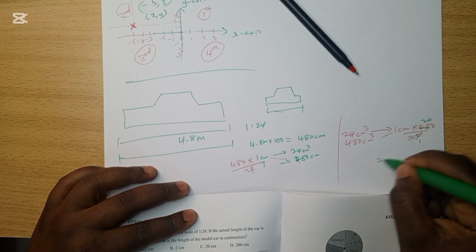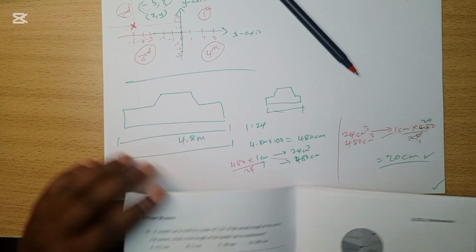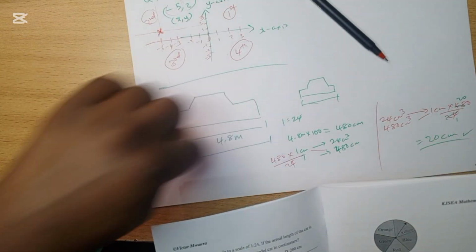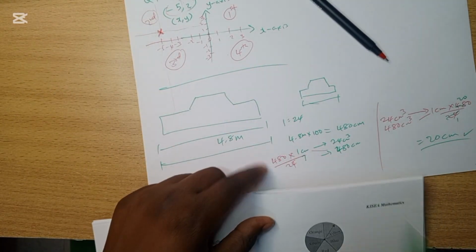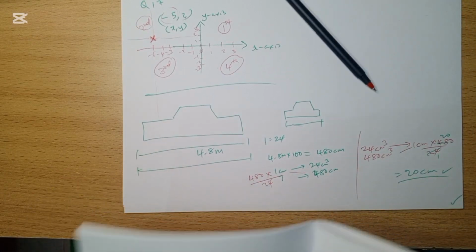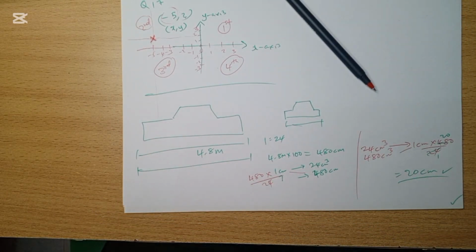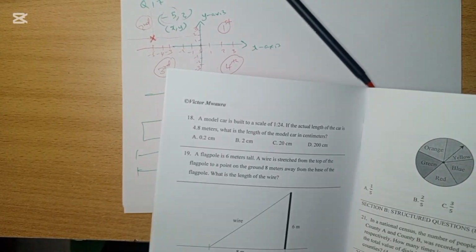So the answer is 20 centimeters on the model. So we are saying if this car is 4.8 meters long, the model that you are going to create will be 20 centimeters in length. And the answer is C. Question 19. A flagpole is 19 meters tall.